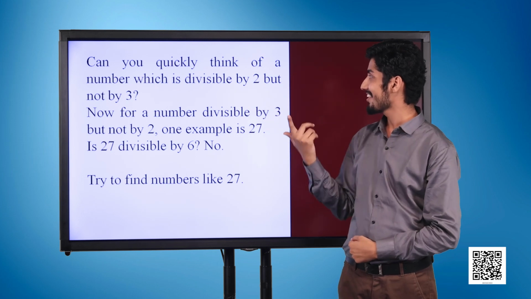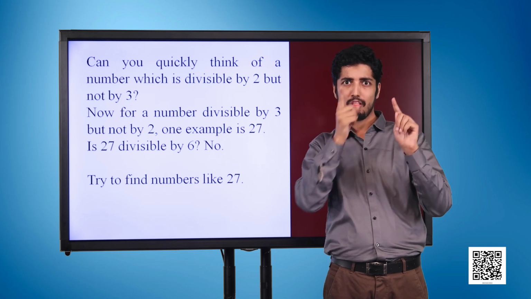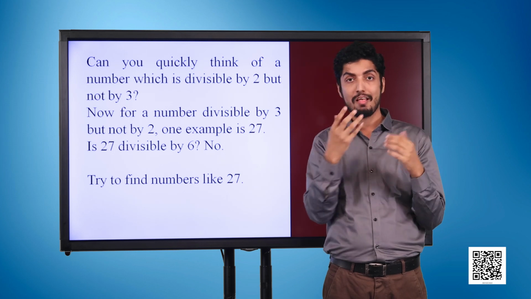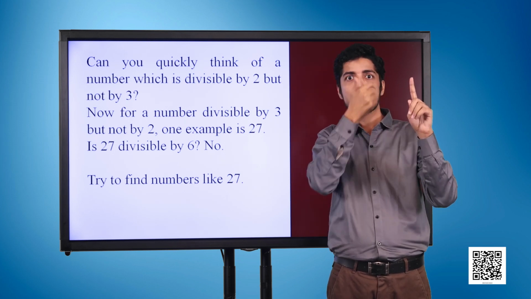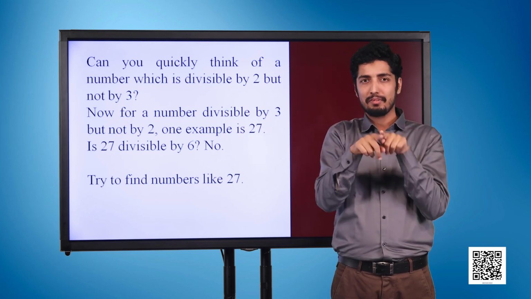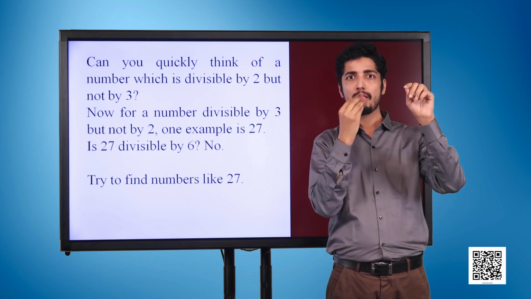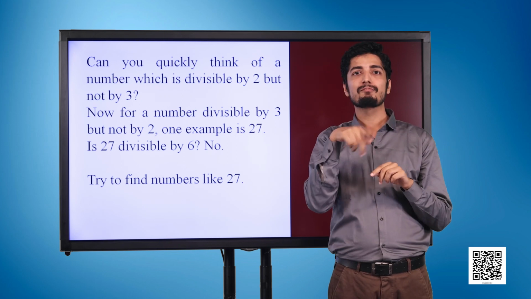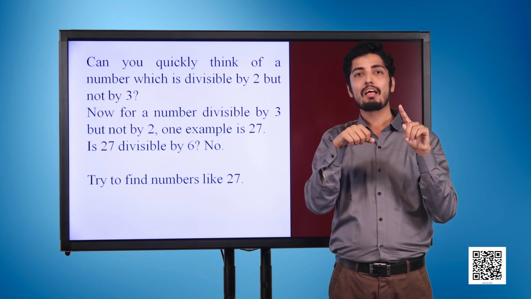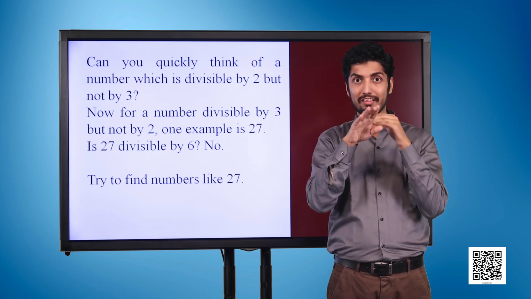Can you quickly think of a number which is divisible by 2 but not by 3? Now, for a number divisible by 3 but not by 2, one example is 27.